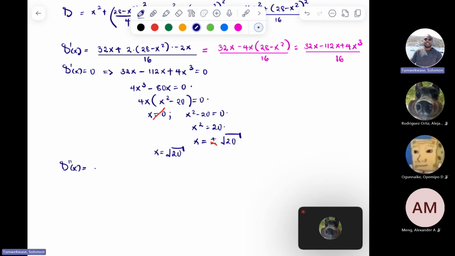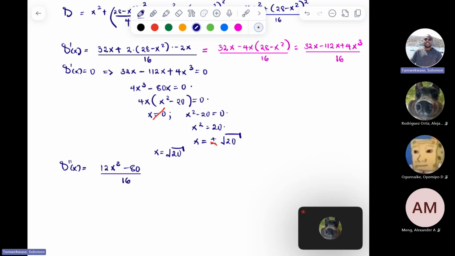So this guy will be negative 80. In other words, I'll have something like 12x squared, okay, I'm differentiating 4x cubed, then minus 80, I'm differentiating 80x. And of course the whole of it is over 16.